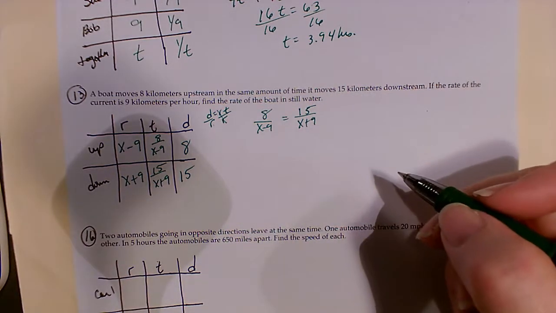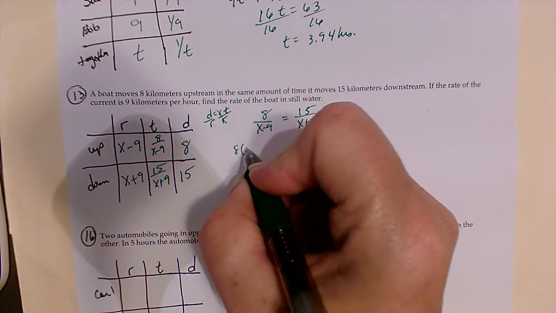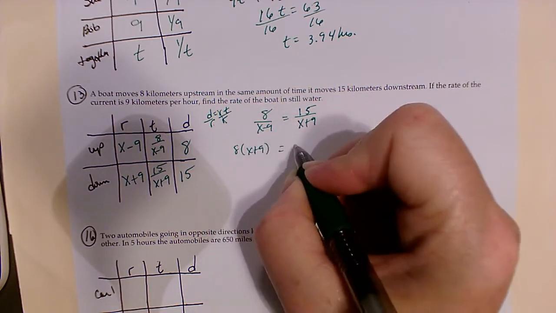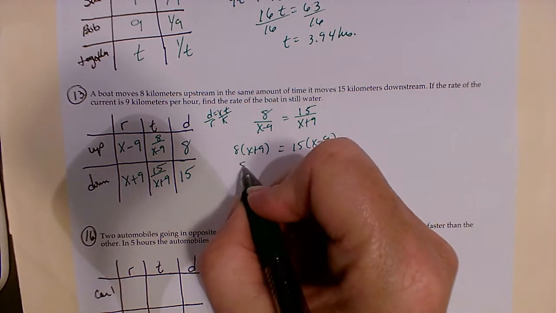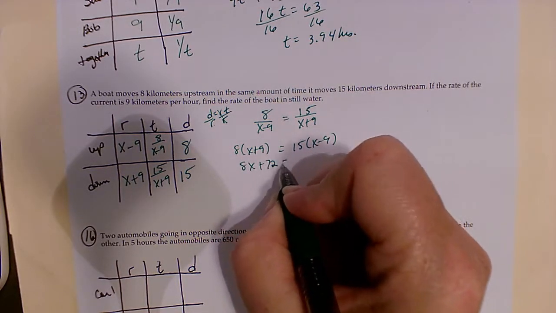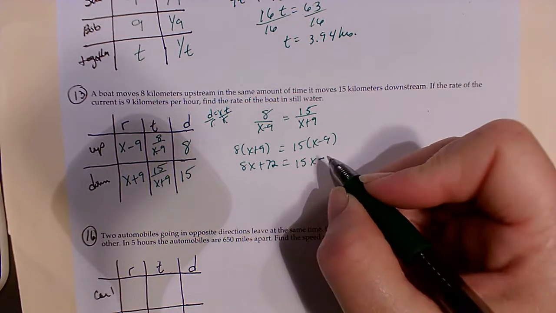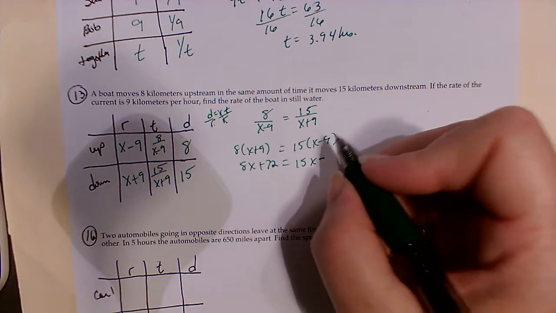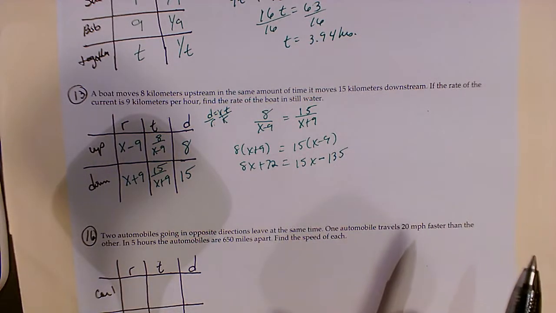Now we're just going to cross multiply again. So 8 times x plus 9 will equal 15 times x minus 9. That'll get me 8x plus 72 equals 15x minus 135. Decide which way you want to move your x's and your numbers.